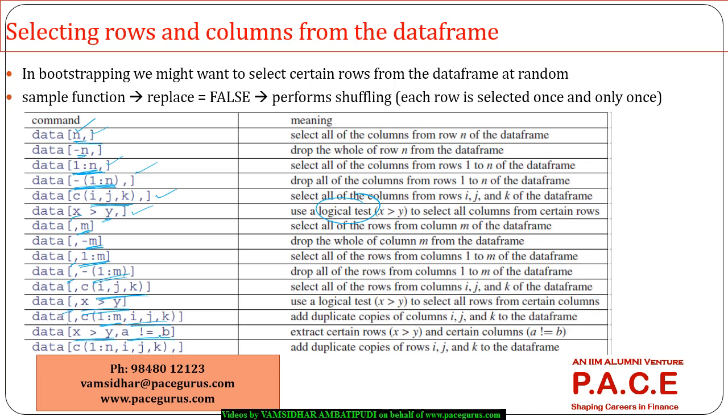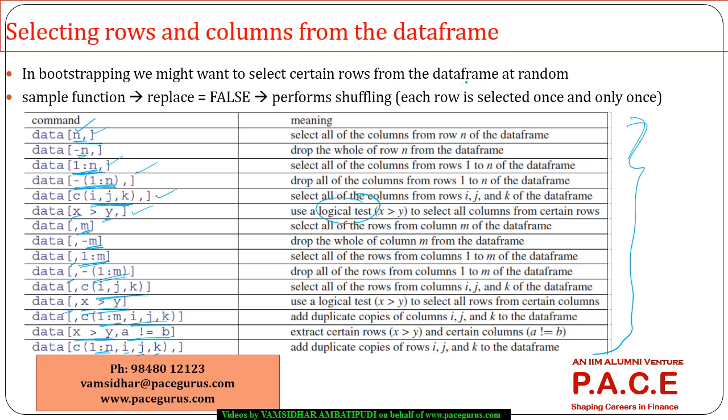Only a few columns where a is not equal to b. And similarly here, get the rows 1 to n, I, j, k as well, along with all the columns. Now you could see these are different kinds of ways you can subset the data and get the appropriate subset from the overall data frame.